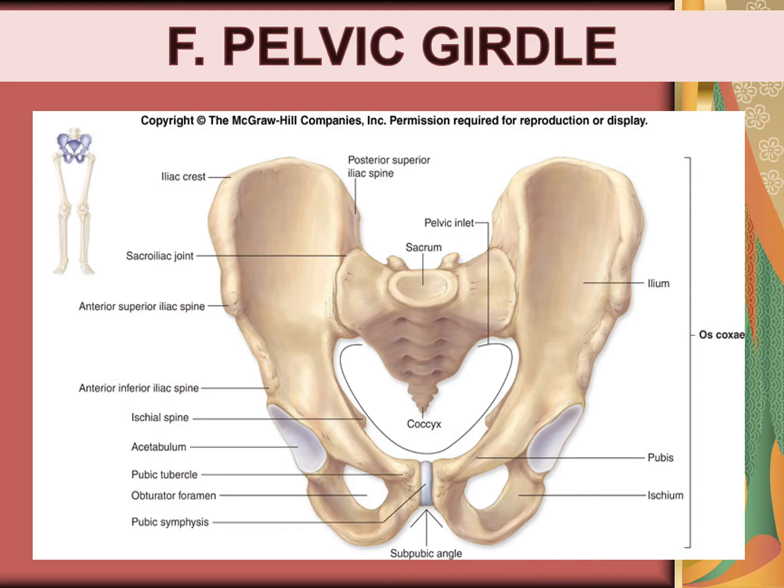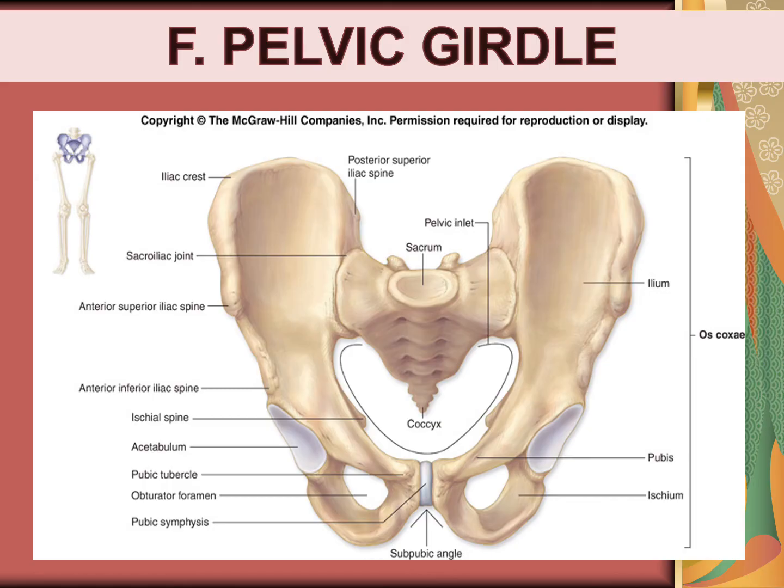Sa babae, significant din ito because the dimensions of the pelvis are measured. Importante yon dahil dapat large enough yung kanyang opening, entrance, and exit to allow an infant's head to pass during vaginal childbirth.